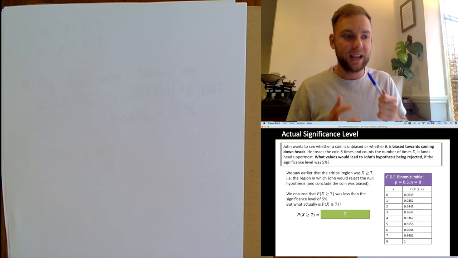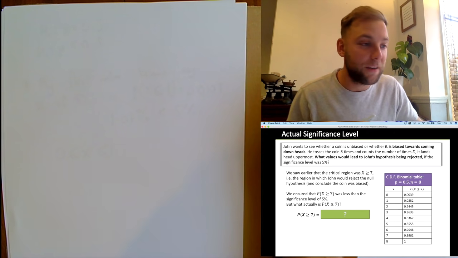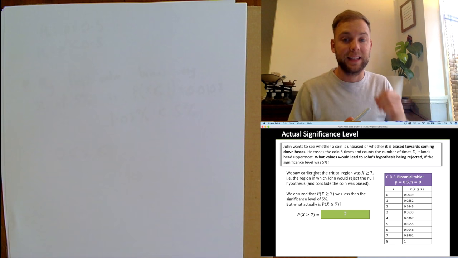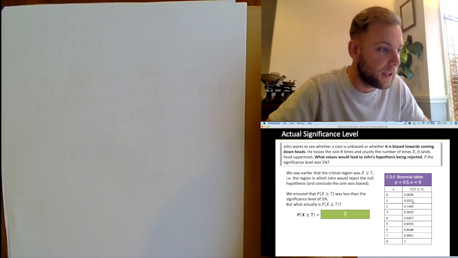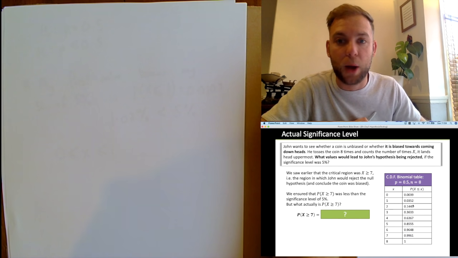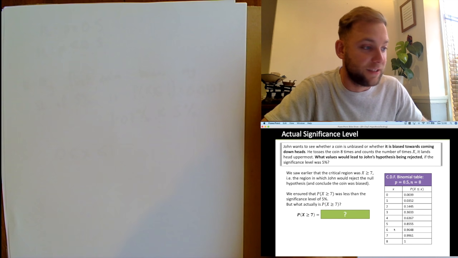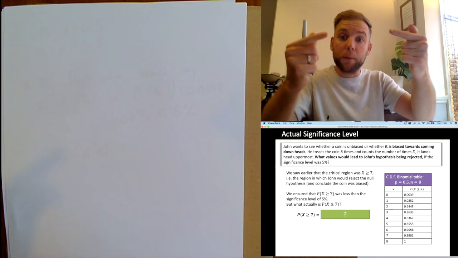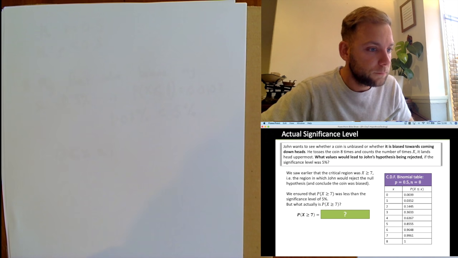So what we're saying here is what value is below the 5% significance level, which means that this would be rejected. The way I do this is I go down here, looking for the first one that goes above 95%, because my significance level is 5%. In this case that is 6. So I know I'm going one above that.